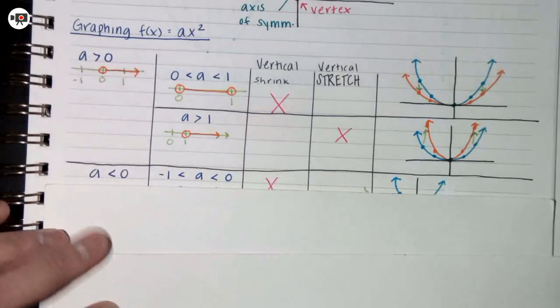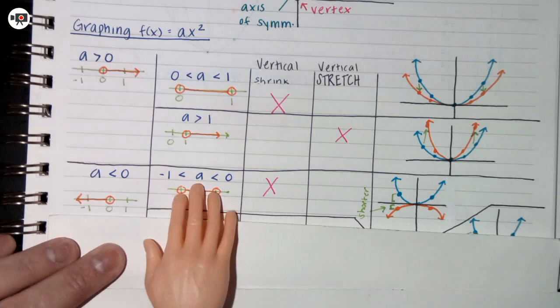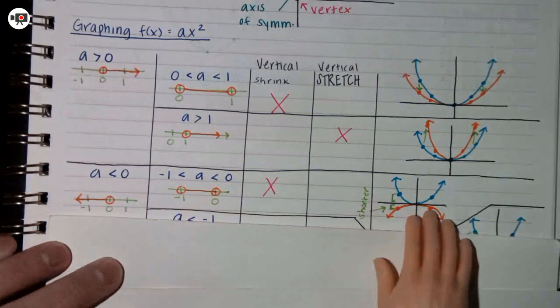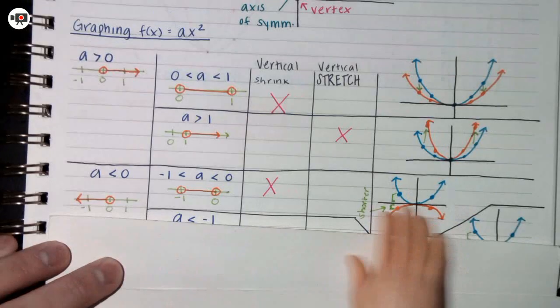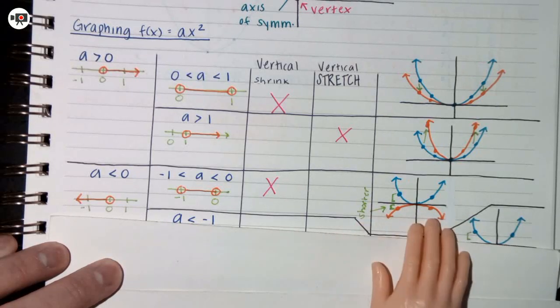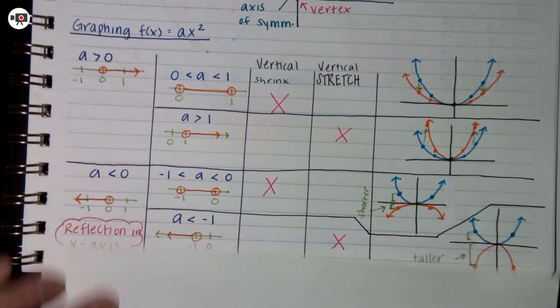If a is negative, so a is less than 0, we get a vertical shrink if it is between -1 and 0. And it would shrink, so it gets shorter and wider, and it also reflects in the x-axis. So that's what the negative does. It makes it flip over.